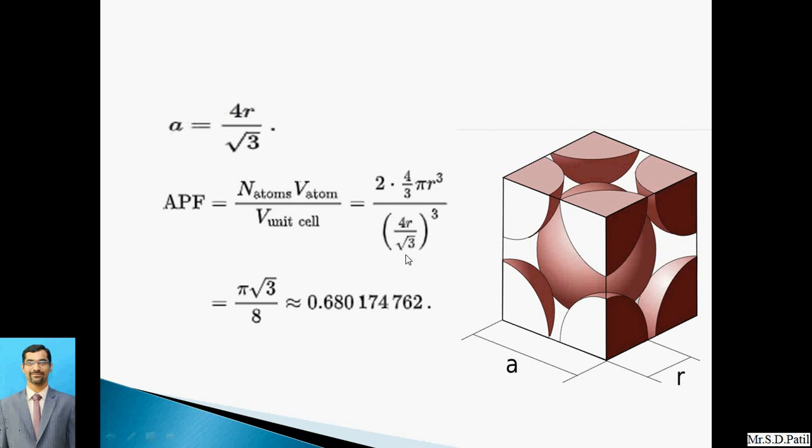So we have to take the cube of this. By simplifying this term, we get the atomic packing factor for BCC as 0.68. So I think it has been cleared now.